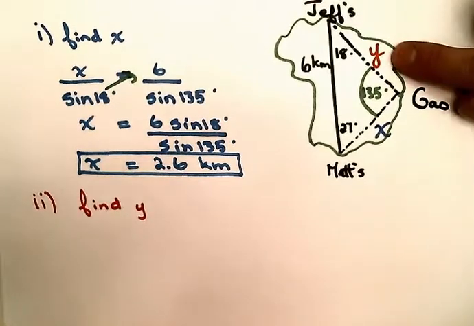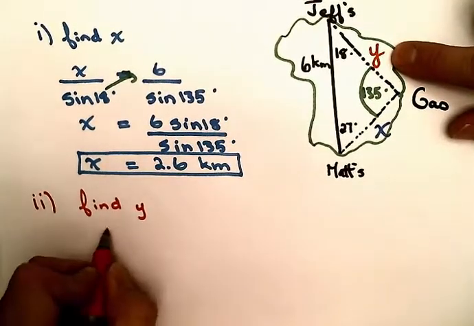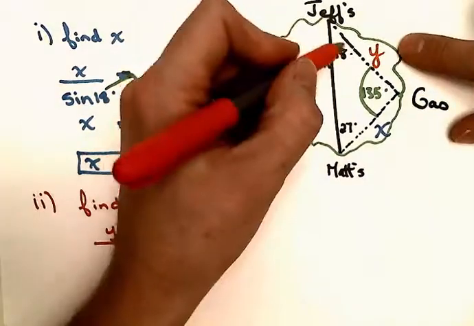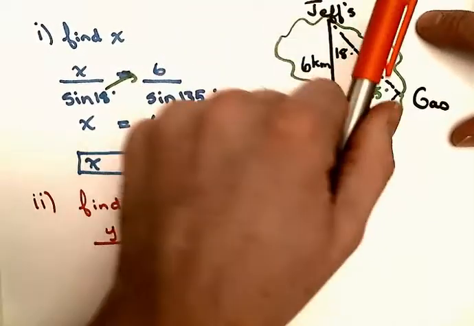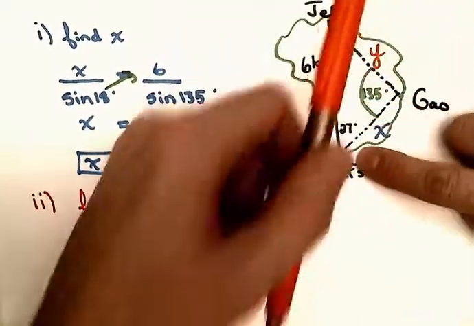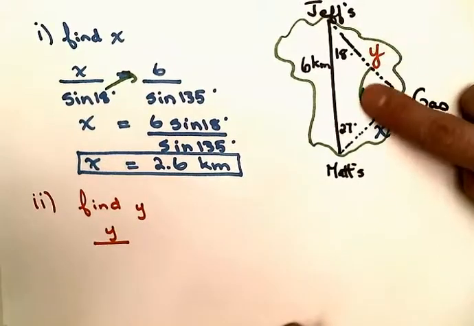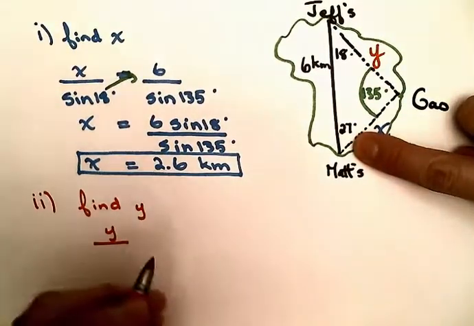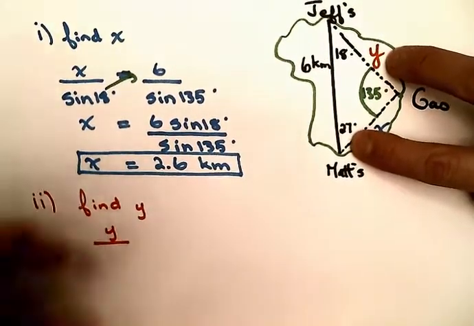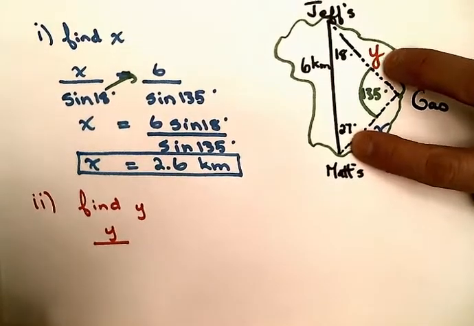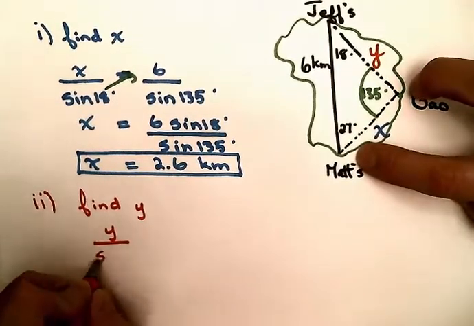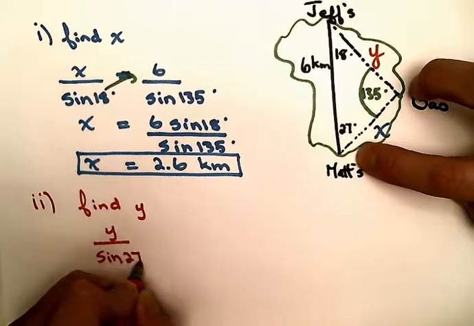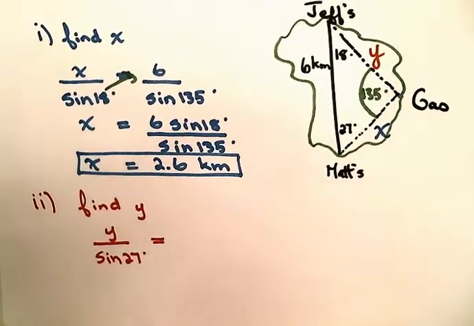You always do the same check. I want to find y. There he is. So who is opposite him? Which angle? It's the 27 degrees that is opposite him. They're always opposites whenever you put them in. It's the sine law. So y over sine, we do know the 27 degree angle. Then you need another pair.